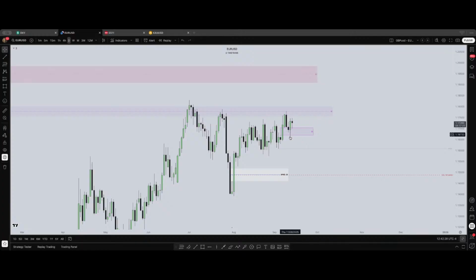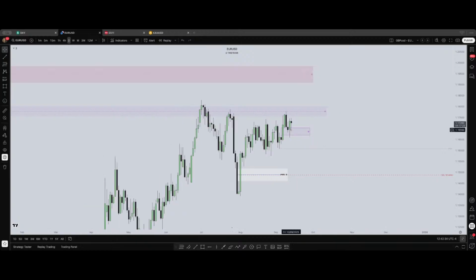Only the wick made damage, bodies are inside the area, so I'm watching how this imbalance reacts. So far we're still bullish, right?